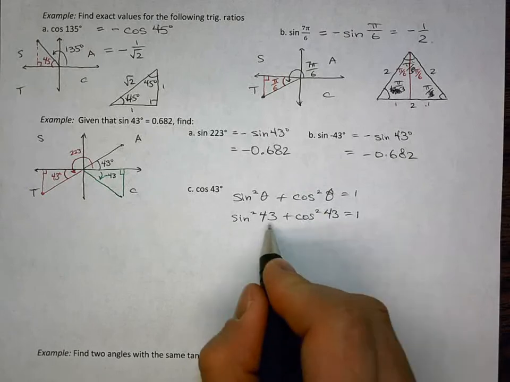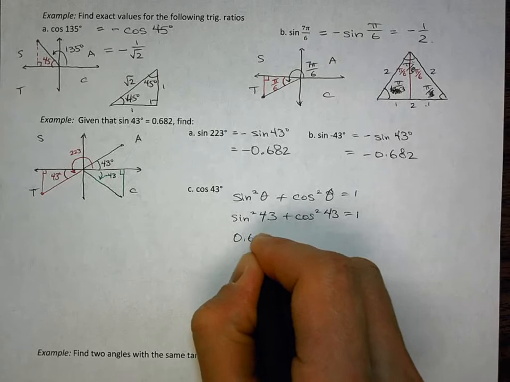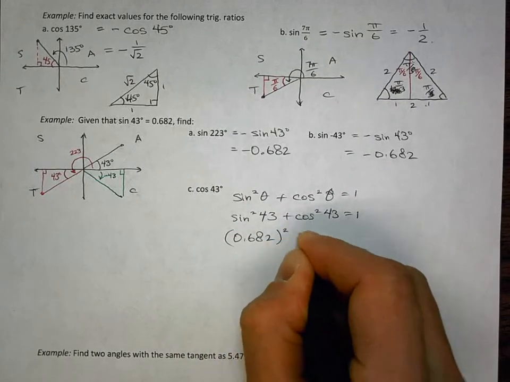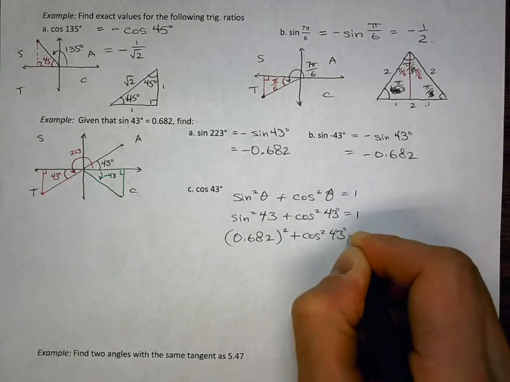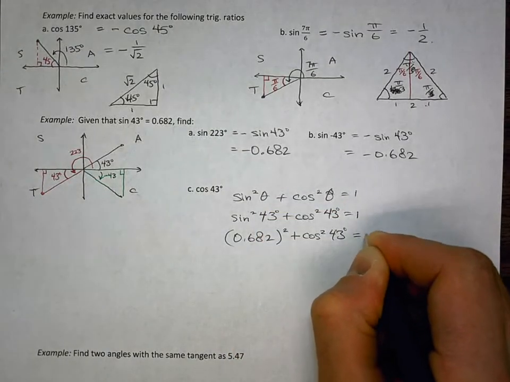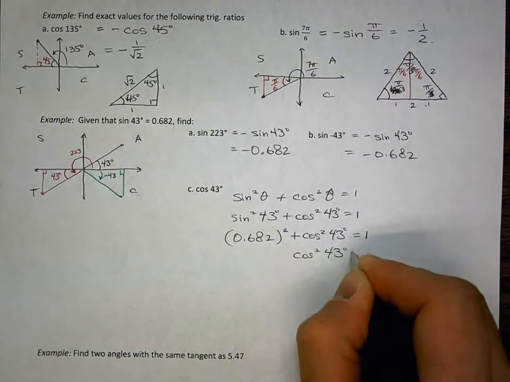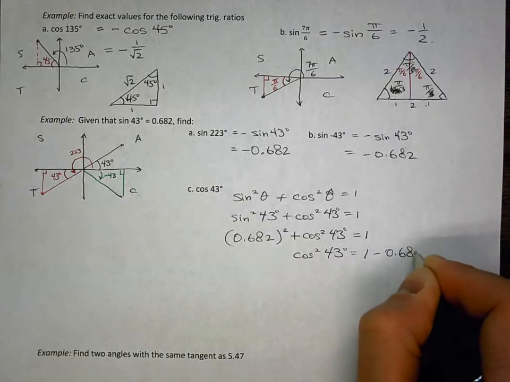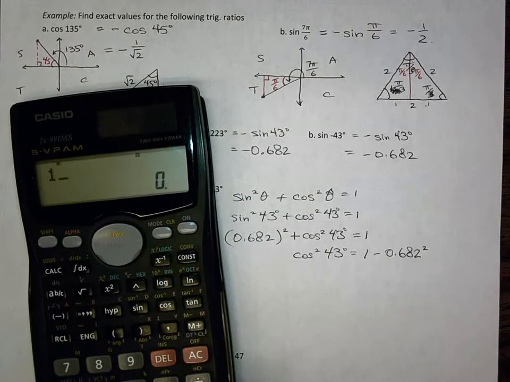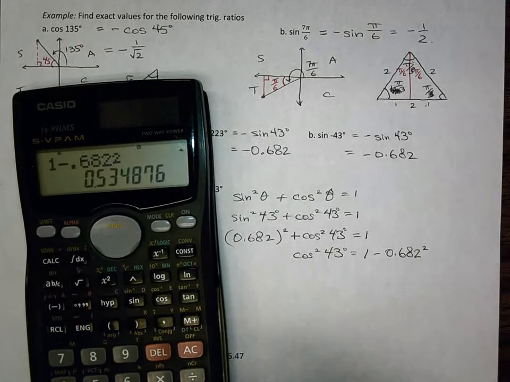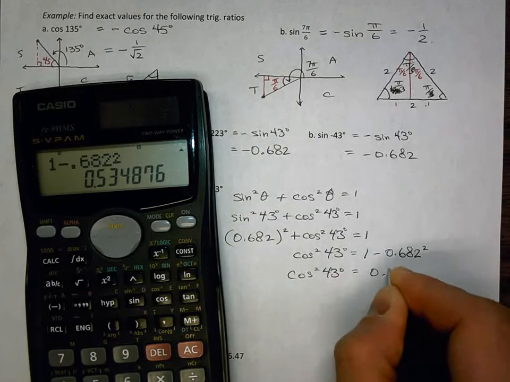Now remember, sine squared 43 really means take sine 43 and square it, so it's 0.682 all squared, plus cos squared 43, this should be 43 degrees technically, is equal to 1. So I end up with cos squared 43 degrees is equal to 1 minus 0.682 squared. That gives me cos squared 43 degrees is equal to 0.5348.